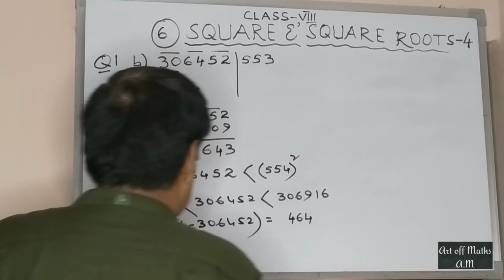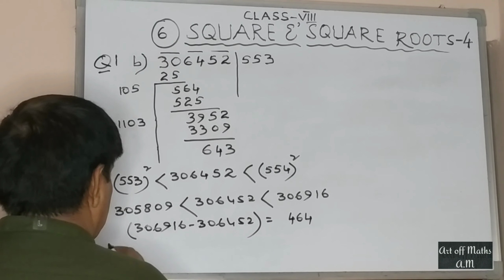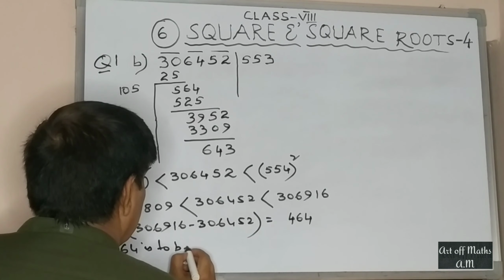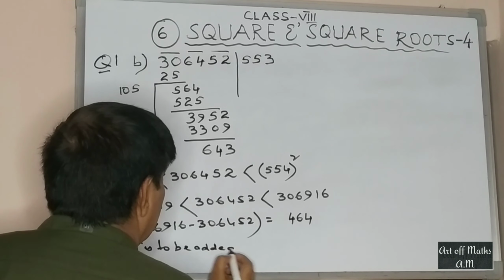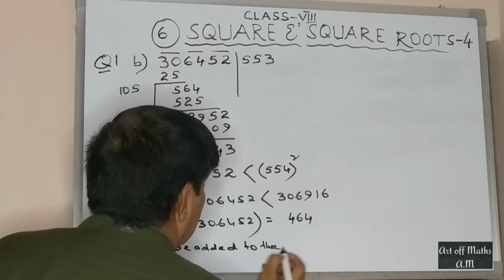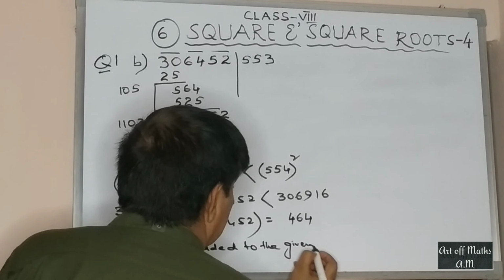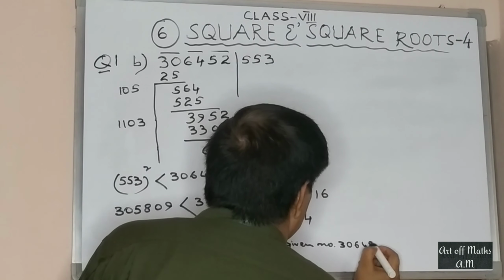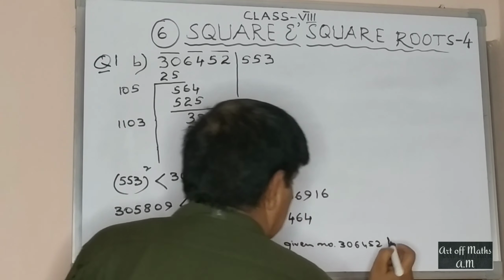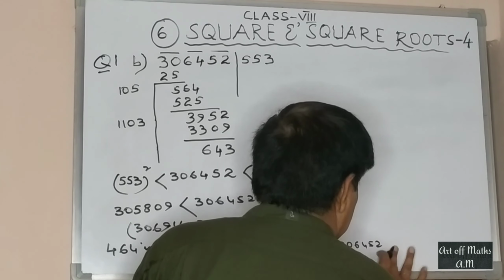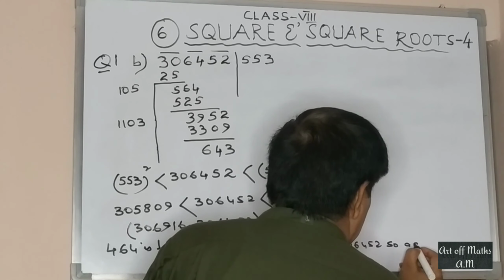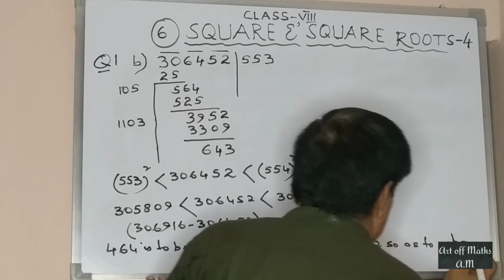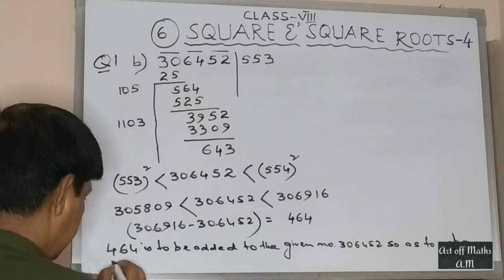So 464 is to be added to the given number 306452 so as to get a perfect square number.